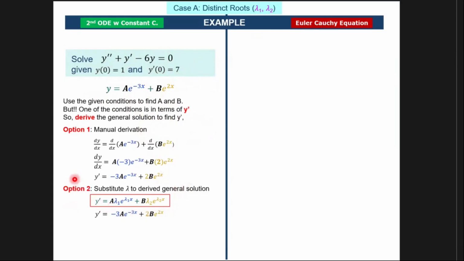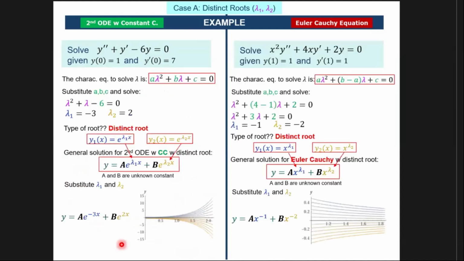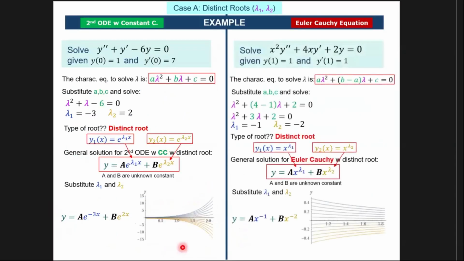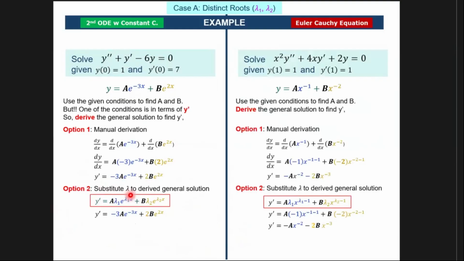The first option is to do manual derivation to find y prime, but I already provided a derived general solution in the previous slide. You can memorize this derived general solution and substitute the values of lambda, or you can manually derive it.